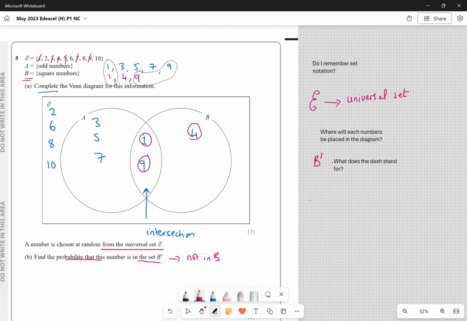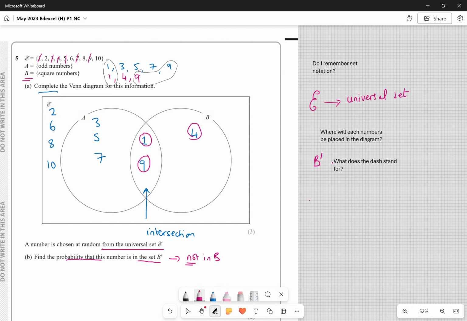So although 1 and 9 are in set A as well, because they are also in set B, we're not going to consider that because we're only looking for the numbers which are not in set B.